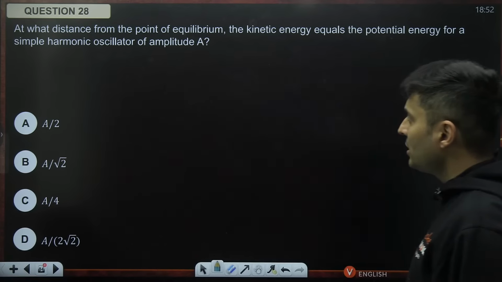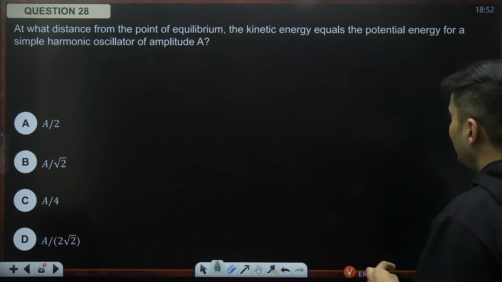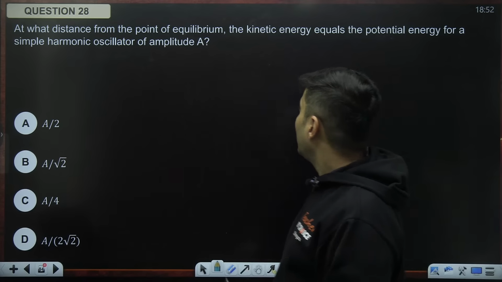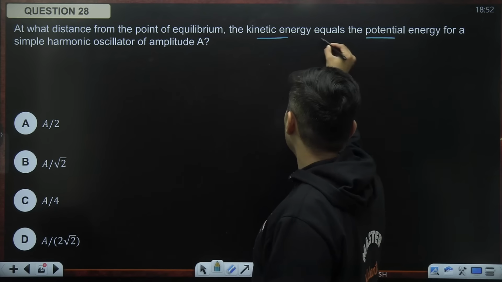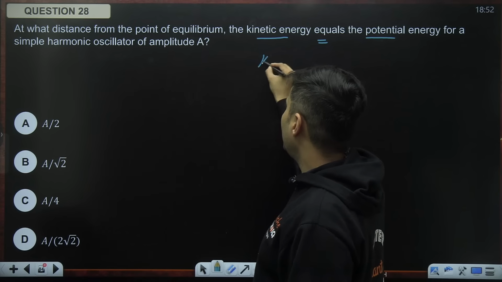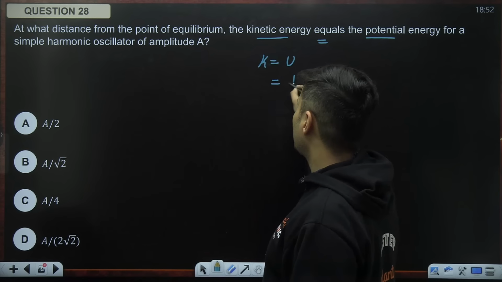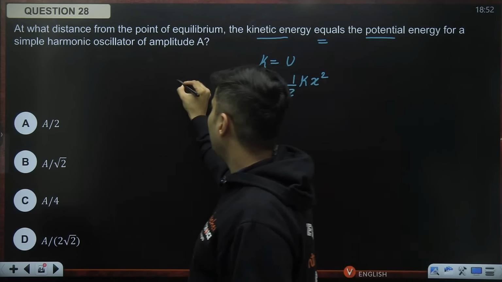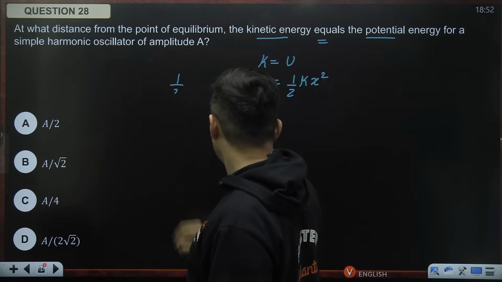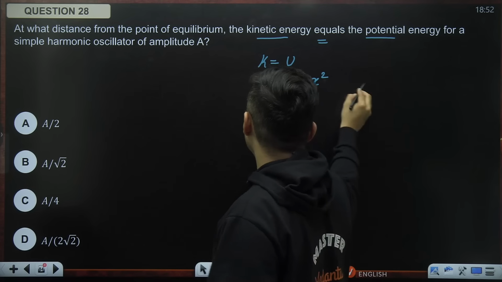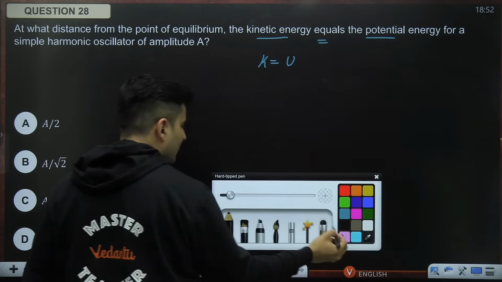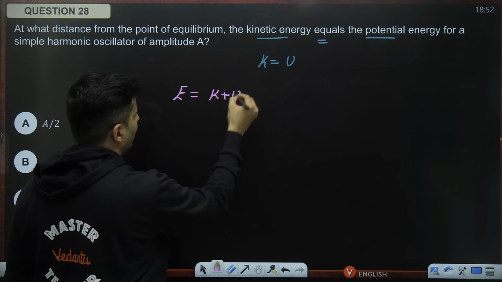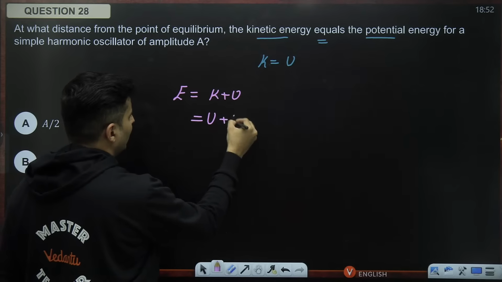At what distance from the point of equilibrium does the kinetic energy equal the potential energy for SHM? Kinetic energy equals potential energy. Potential energy is half k x square. Now the total energy is kinetic plus potential, but kinetic is equal to the potential.